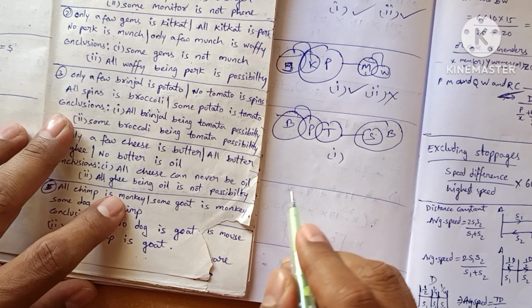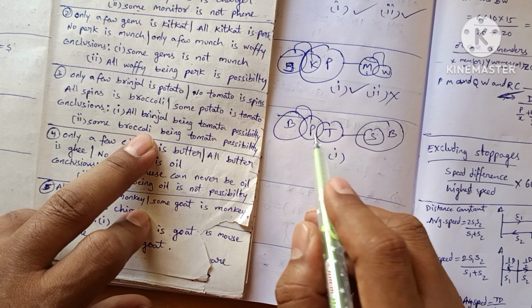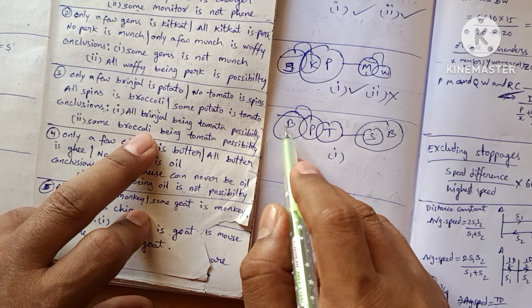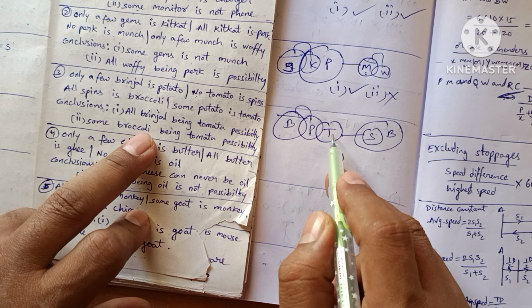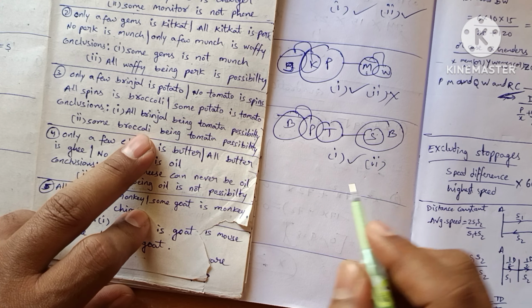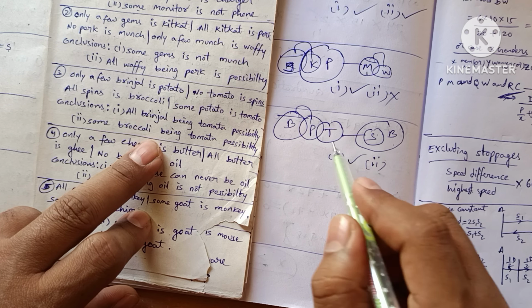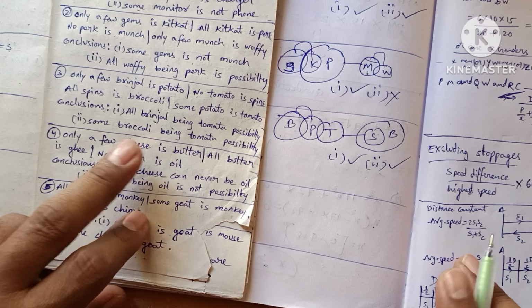Conclusion 1. All brinjal being tomato is a possibility. Yes, it is true. Second one. Some broccoli being tomato is a possibility. Yes, it is also true.